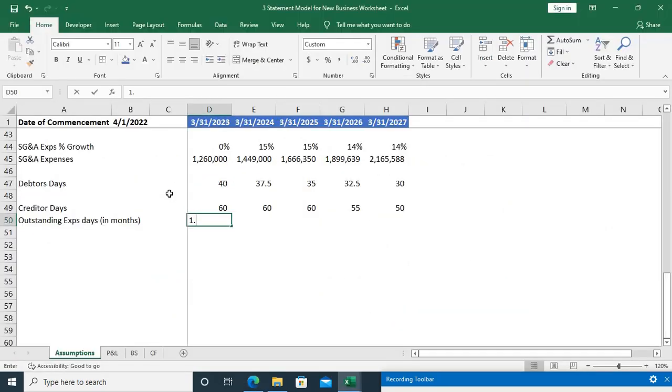So it is 1.25. Equal to this, then you can just drag it. Outstanding expenses days in months, we have just got this data now.